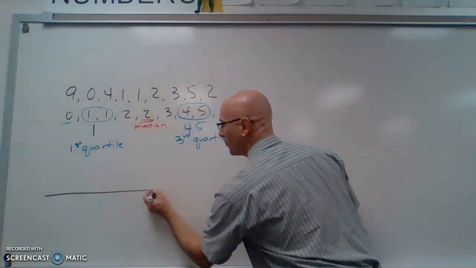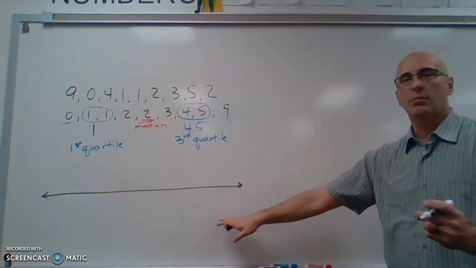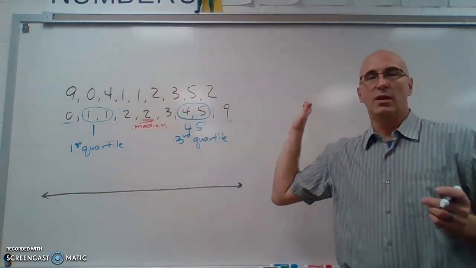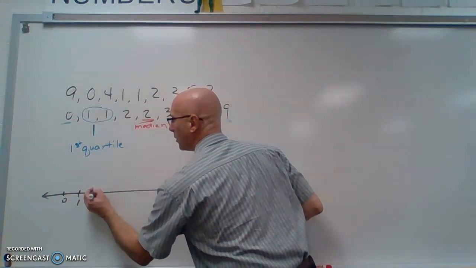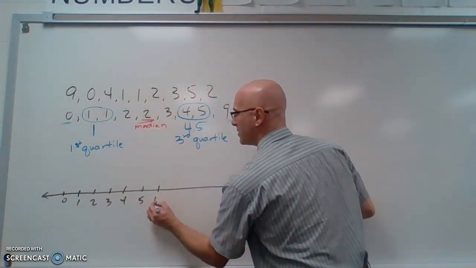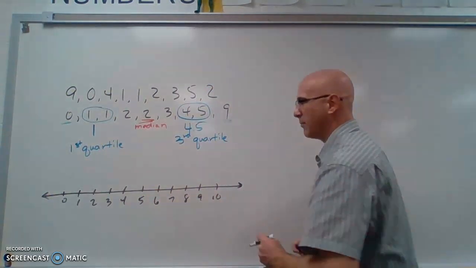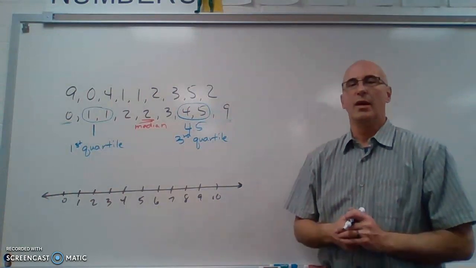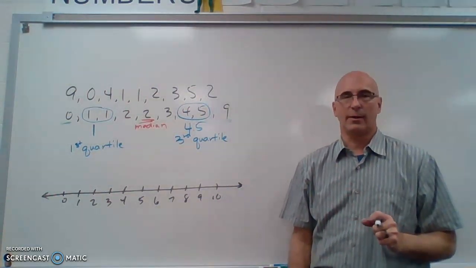So I'm going to first do a number line, and I'm going to number this number line so that it includes all of this data. I'm just going to start at 0, move to 1, 2, 3, 4, 7, 8, 9, 10. Okay, so that includes everything there. I'm going to put 5 points on this line.